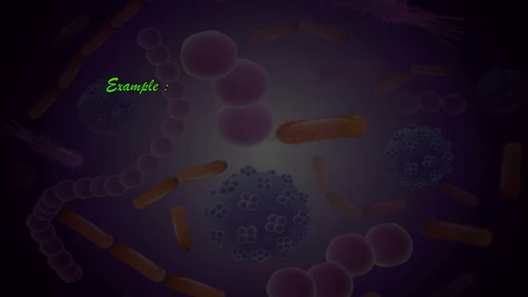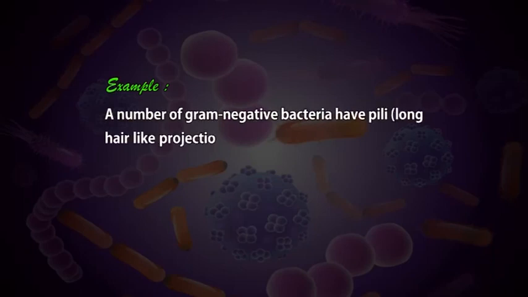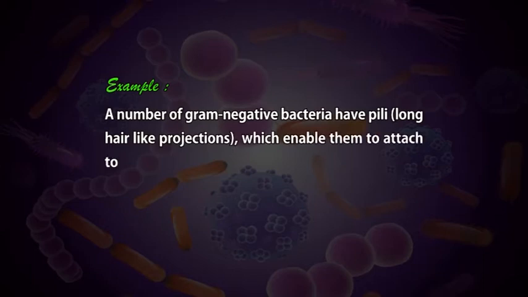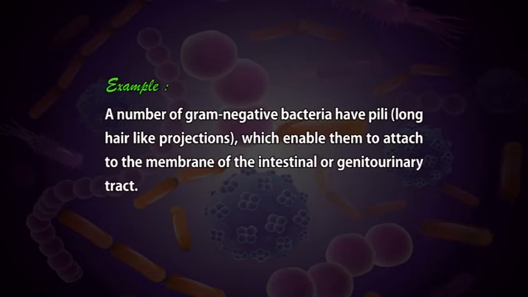Many bacteria have surface structures or molecules that help them to attach to the host cells. For example, a number of gram-negative bacteria have pili, long hair-like projections, which enable them to attach to the membrane of the intestinal or genitourinary tract.